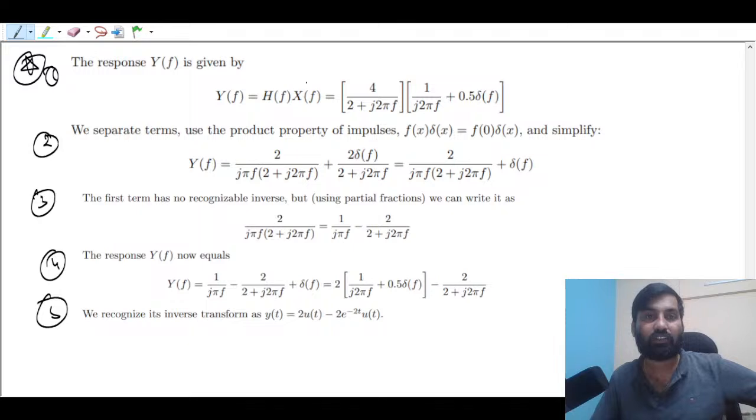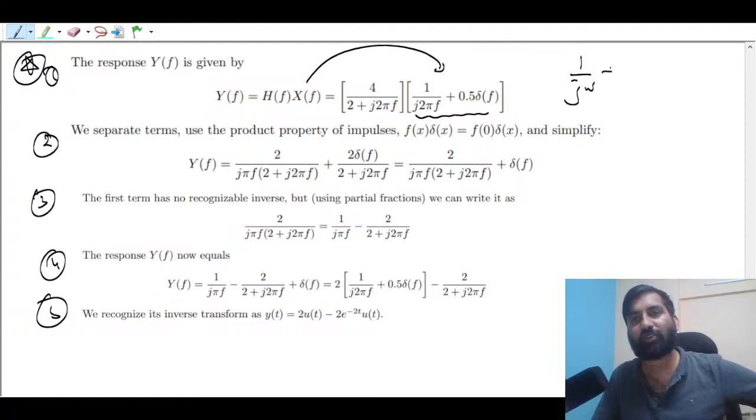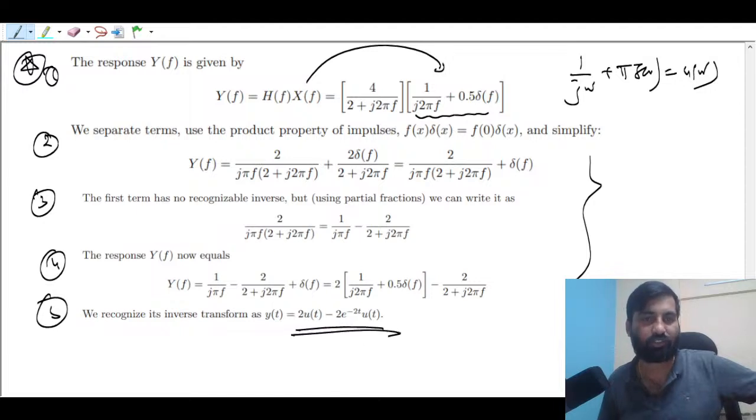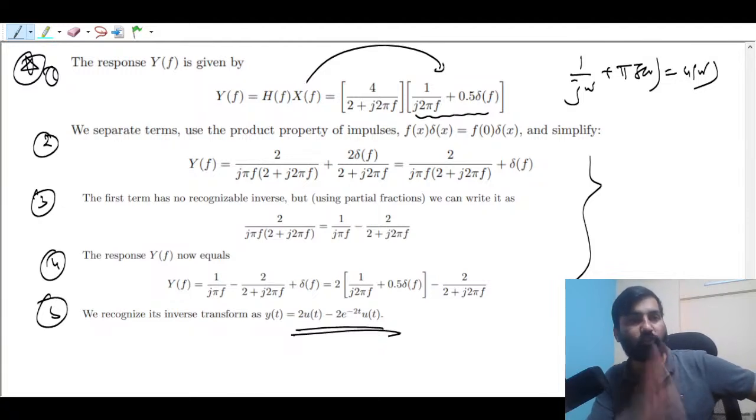You see, ये u(t) का Fourier transform, right? I mean 1 by jω plus πδ(ω), that is U(ω), if you do it in the omega domain, but they have done it in the f domain, right? See, the answer is that only. So आपको डिसाइड करना है कि कौन सा मेथड अच्छा है. ये मेथड नहीं अच्छा है इस केस में, when the input is u(t), simple, right? Simply go for convolution, right? One line answer.